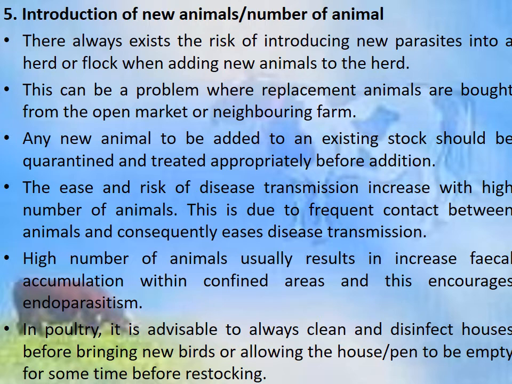Animals kept in high number together usually result in high fecal accumulation within confined areas, and this encourages endoparasitism. For example, in poultry, it is advisable to always clean and disinfect houses before bringing new birds, or you allow the pens to be kept empty for a period of time before you restock the pen.